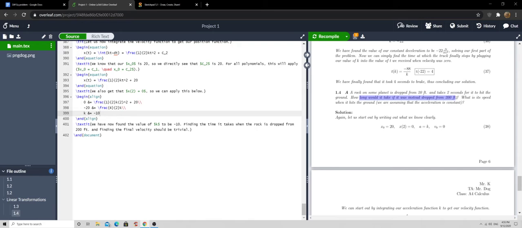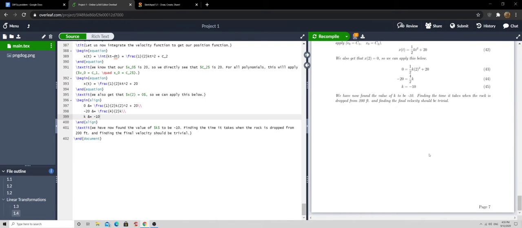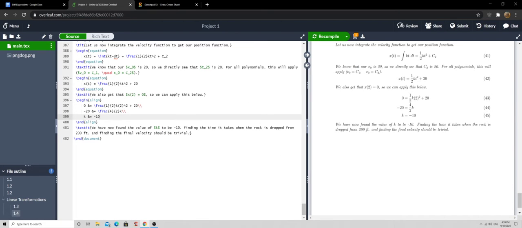So we can just take our position function. First, take a look, I suppose, at the position function.